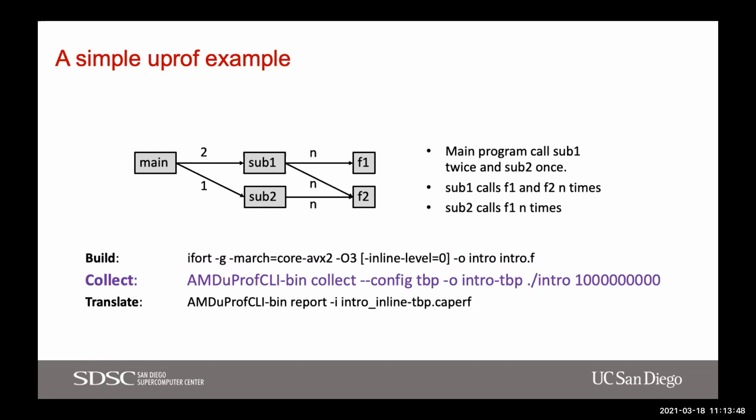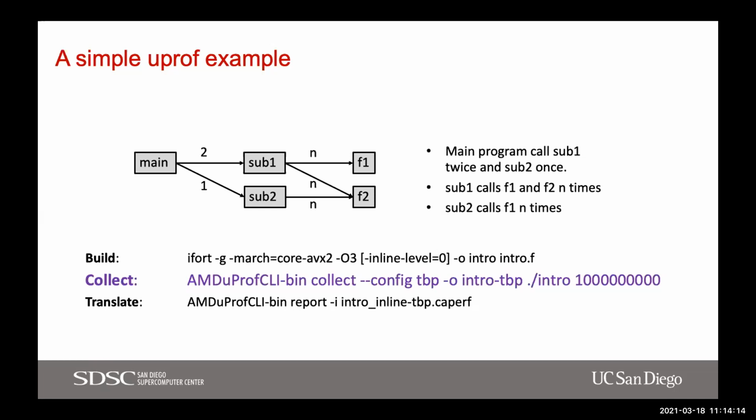Next, I'm going to use uprof to collect profile information. In this case, collect --config TBP for the time-based profiling. I'm going to specify an output file. I'm going to call it intro-tbp. You could call it anything you want. I figured in this case, this would be easy to remember since it's the name of my executable, followed by the type of profiling I'm doing.